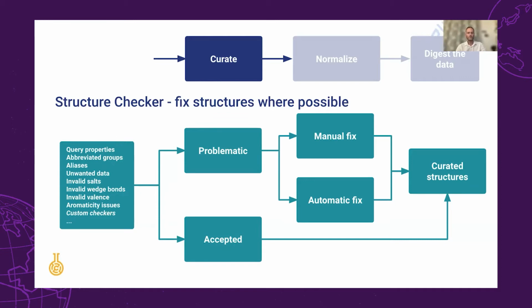Some issues are easy to fix, such as the removal of unwanted properties, for instance, query properties or atom maps, or even the conversion of known aliases is straightforward, but others can be more challenging, like valence errors, for instance. Although Structure Checker can identify and fix a large number of issues out of the box, completely custom rules can also be defined.